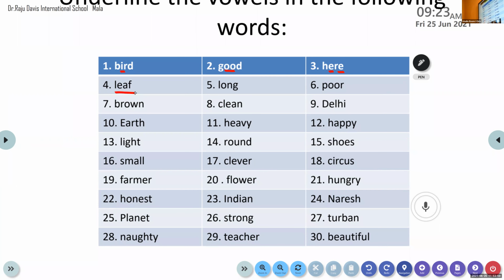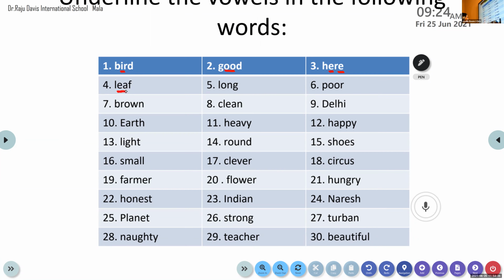How do we read this word? It is leaf. Leaf. Is there any vowel in it? How many vowels in that word leaf? E and A, vowels. Very good, very good. E and A are vowels there. Very good, Sia.